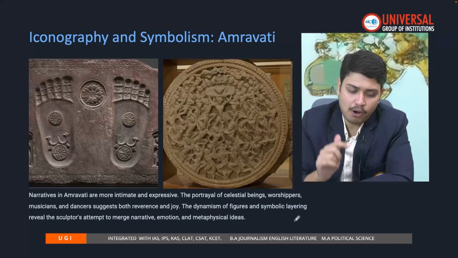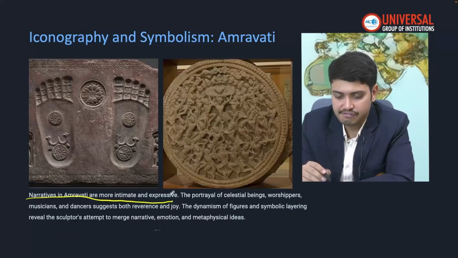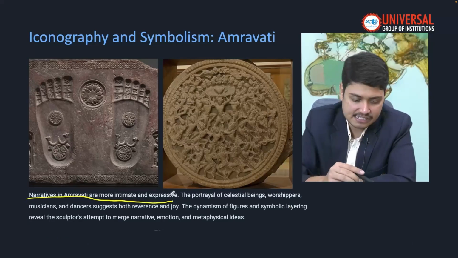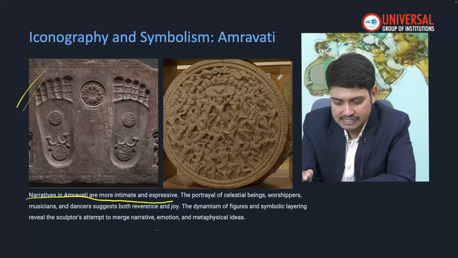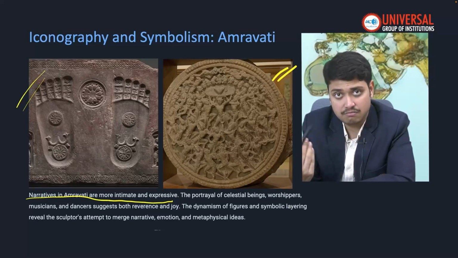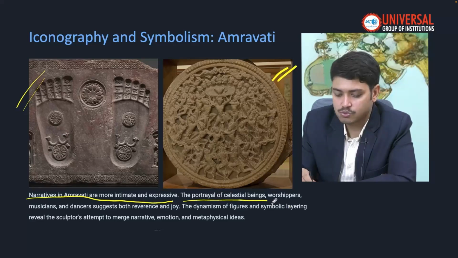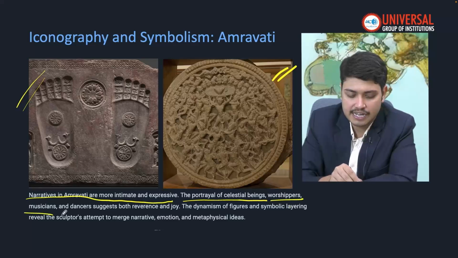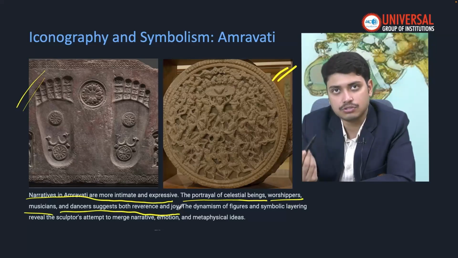Okay. The next point is that narratives in Amaravati are more intimate and expressive. As we can see, this is a classical Amaravati depiction of Buddha, and this is another classical panel of the Amaravati School of Art. The portrayal of celestial beings, worshippers, musicians and dancers suggests both reverence and joy.